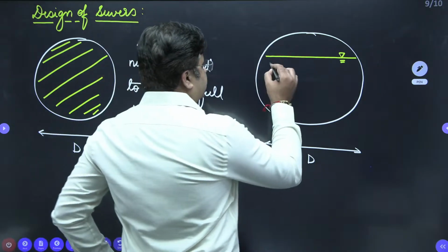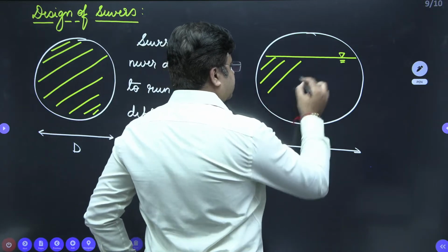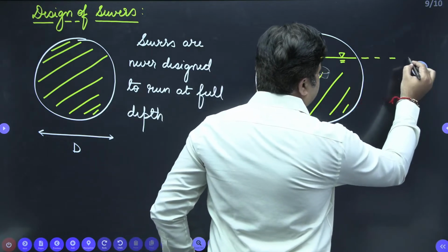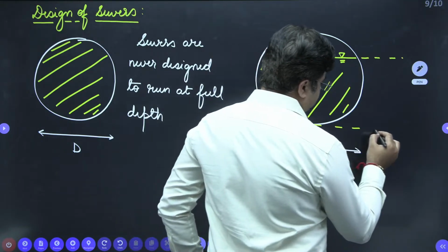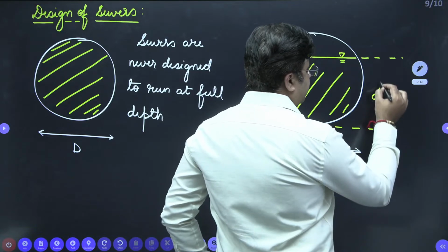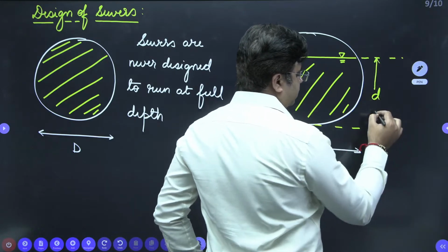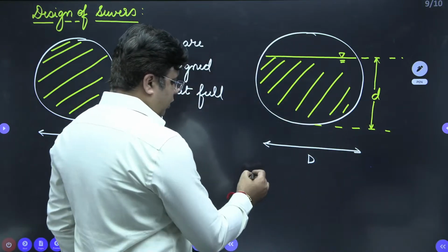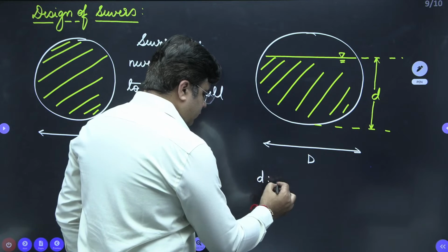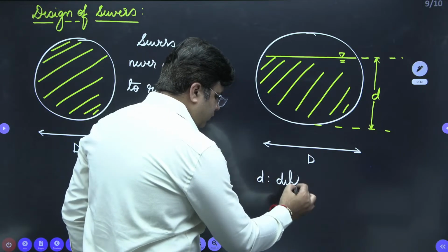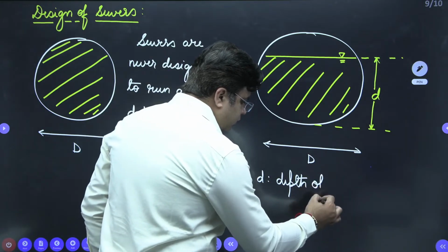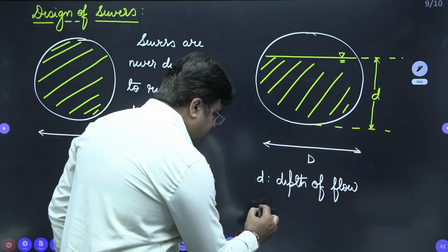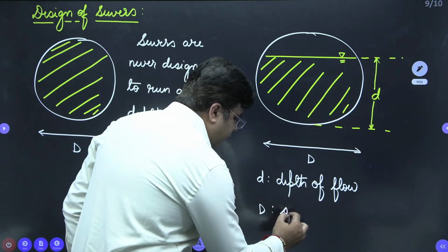This is the depth of flow inside the sewer. This small d is termed the depth of flow, and capital D is the size of the sewer.